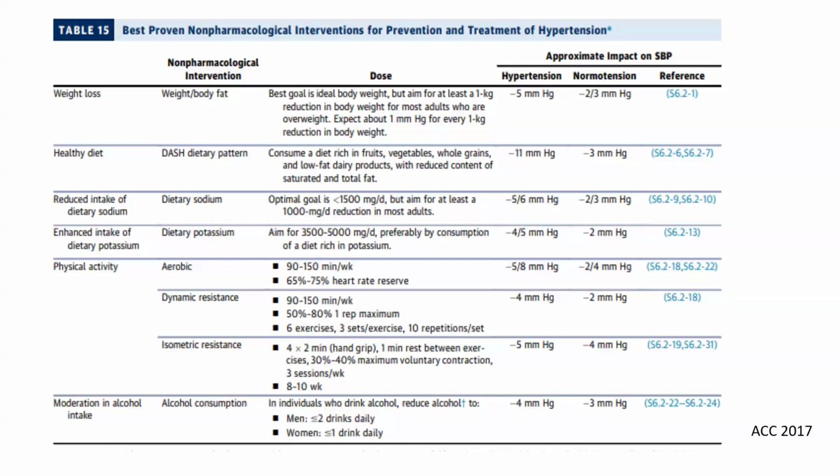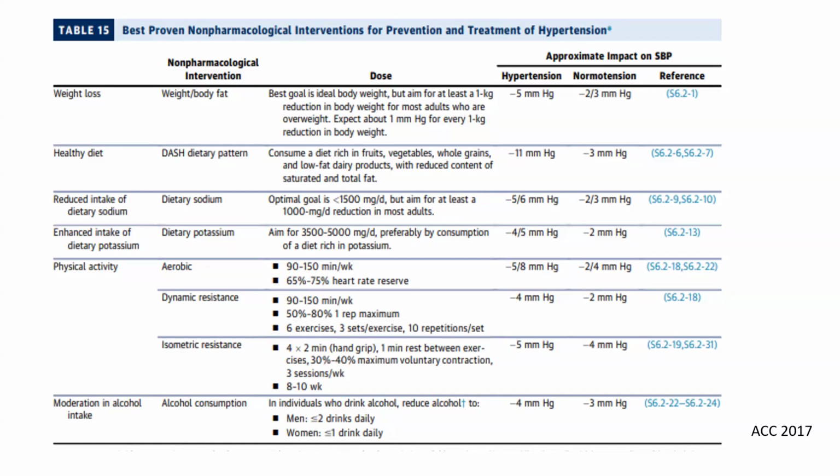It involves consuming a diet rich in fruits, vegetables, whole grains, and low-fat dairy products, and it's associated with an 11 millimeter of mercury reduction in systolic blood pressure. Salt intake of less than 1,500 milligrams per day is recommended. It's associated with a 5 millimeter decrease in systolic blood pressure, and also a diet enriched with potassium is recommended by the guidelines.